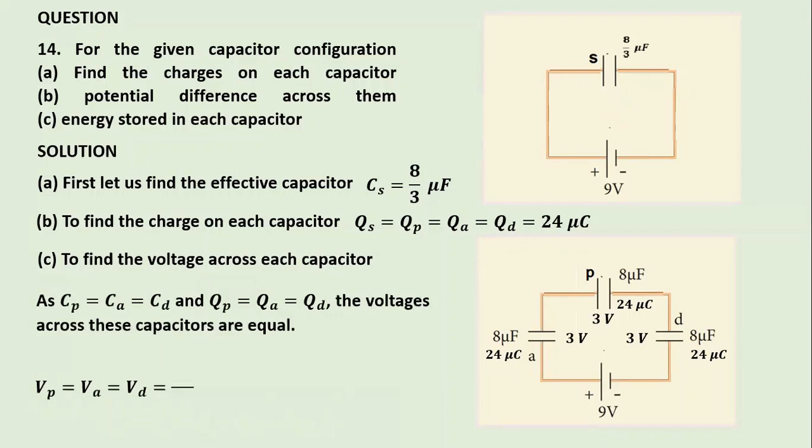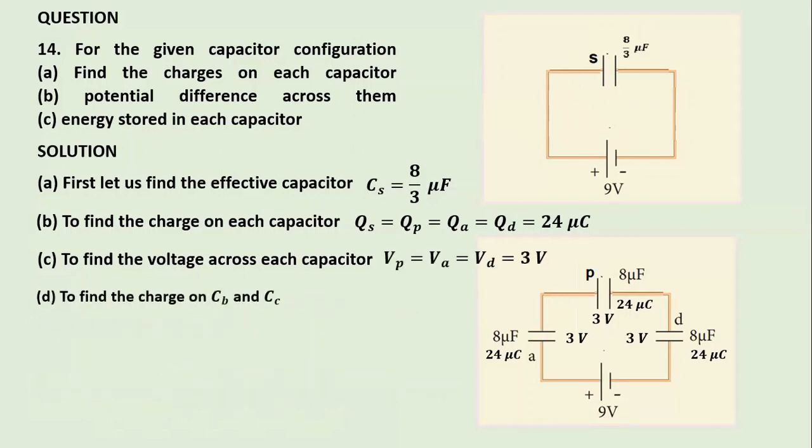VP equals VA equals VD equals QP by CP equals QA by CA equals 24 into 10 power minus 6, the charge on each capacitor, divided by 8 into 10 power minus 6, the capacitance of each capacitor. Cancelling, we get 3 volt as the potential difference across capacitors A, P and D.